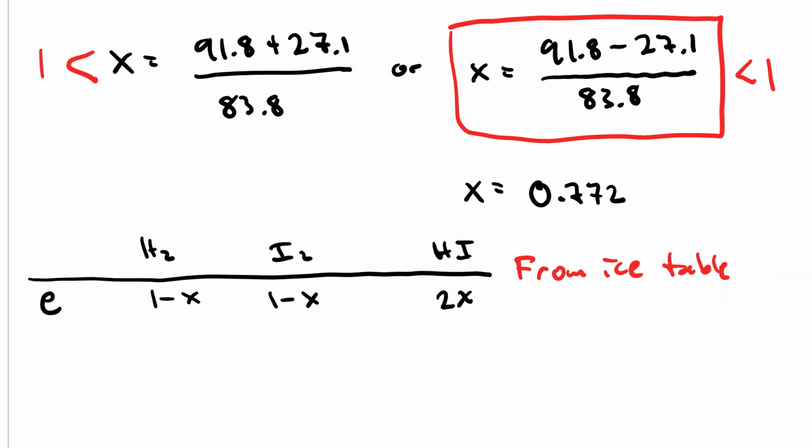So if we go back to our ICE table, we had the equilibrium values of H2 and I2 at 1 minus x, and HI was at 2x. So if we plug in 0.772, 1 minus 0.772 is 0.228.